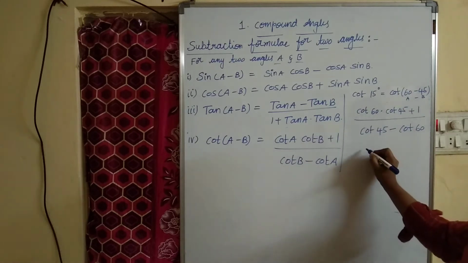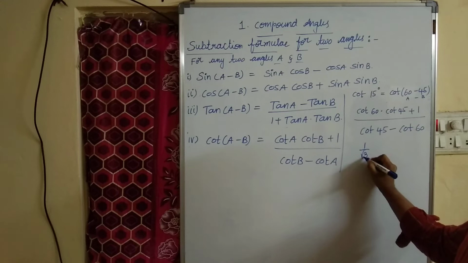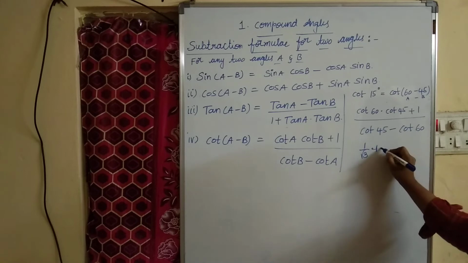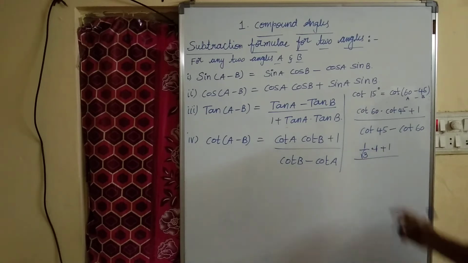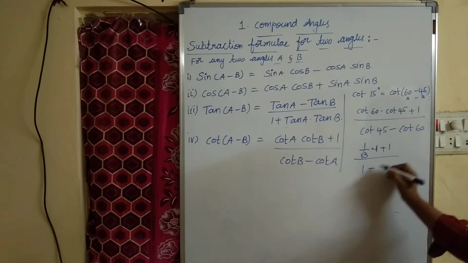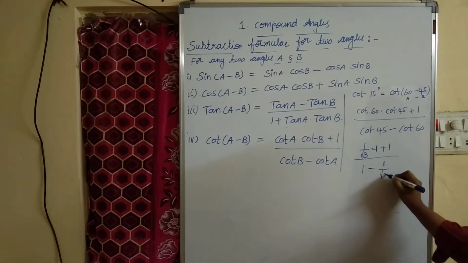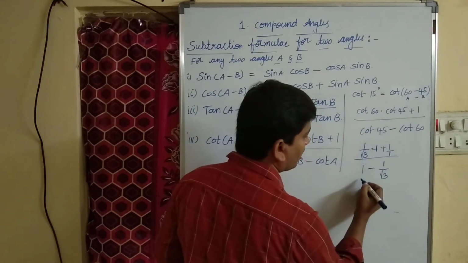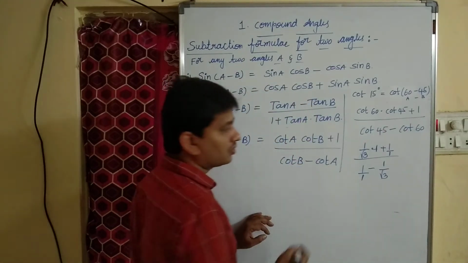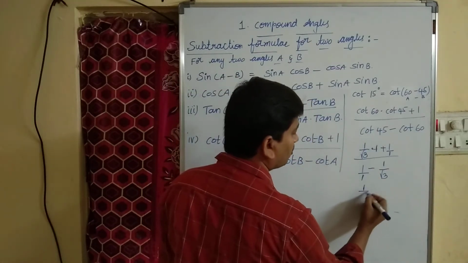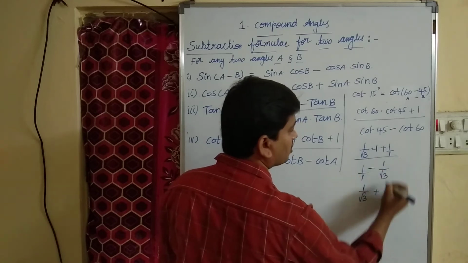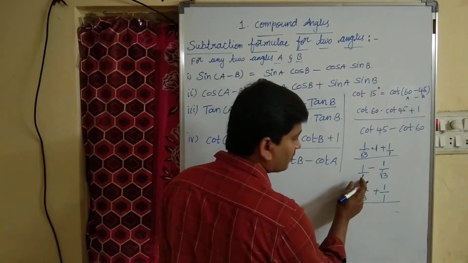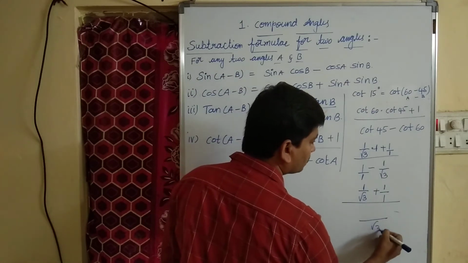So what is the cot 60 value? Cot 60 is 1 by root 3, into cot 45 value 1, plus 1, divided by cot 45 value 1 minus cot 60 value 1 by root 3. Here nothing in the sense 1, as well as here also 1. So 1 into 1, 1 by root 3 plus 1, divided by 1 minus 1 by root 3. For 1 comma root 3 the LCM is root 3.